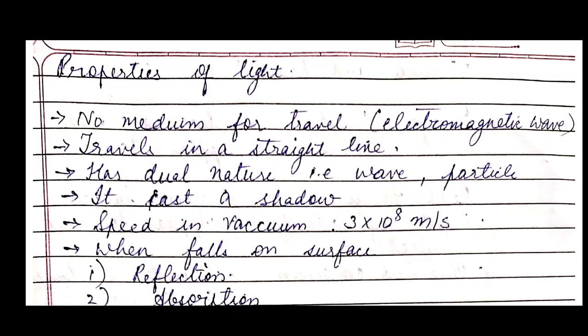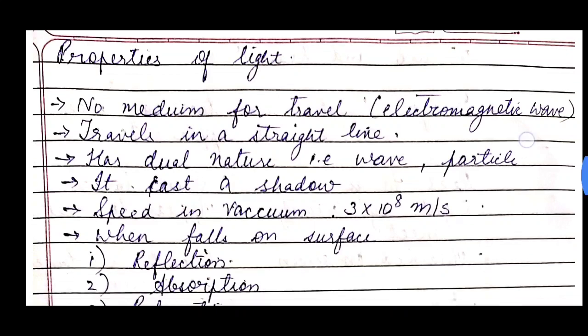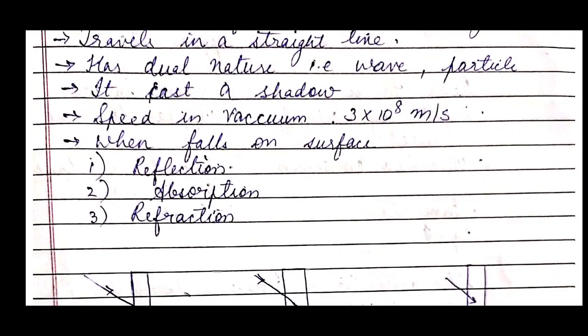Particle means it has a lot of energy in the form of photons and it moves with the help of that energy. Next, it can cast a shadow. The speed of light in vacuum is 3 into 10 raised to 8 meter per second, and when this light falls on any surface, it undergoes 3 processes: reflection, absorption and refraction.